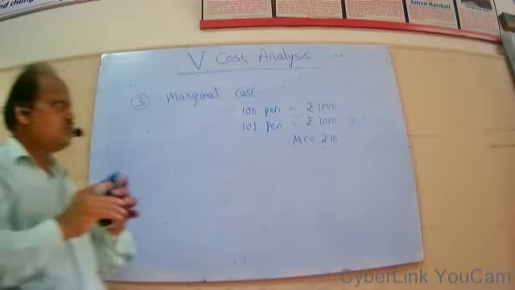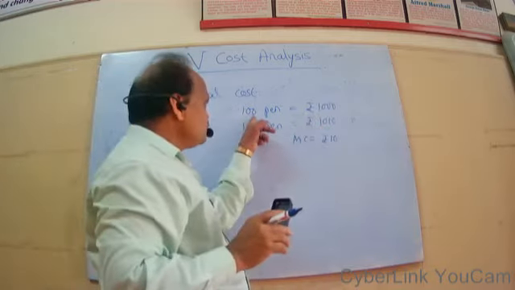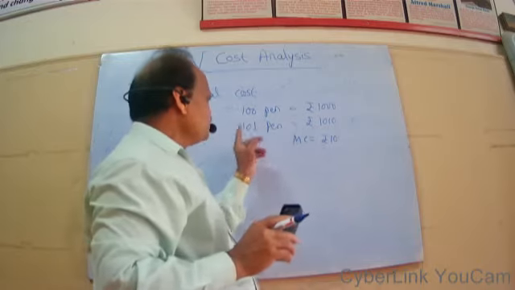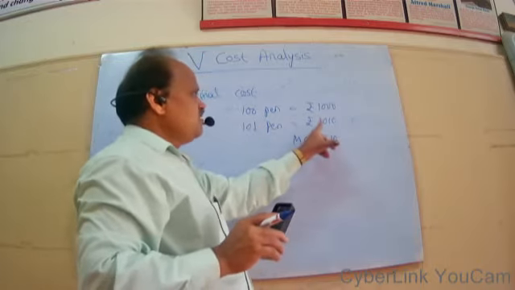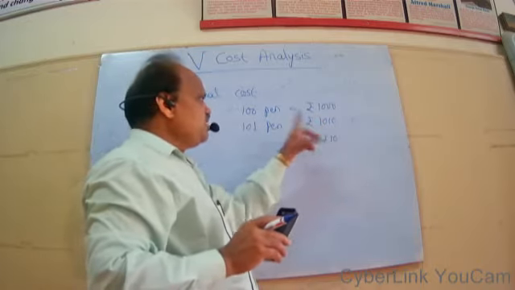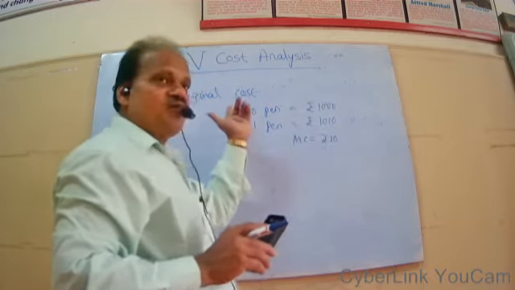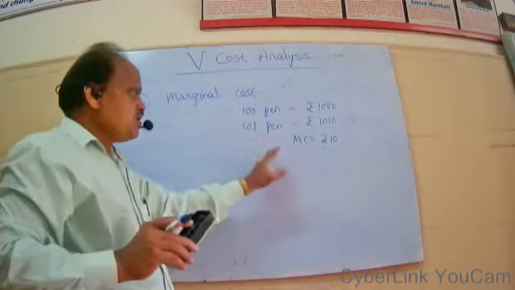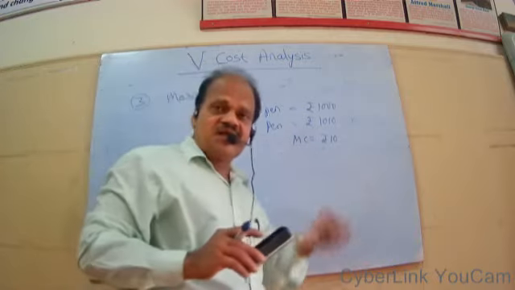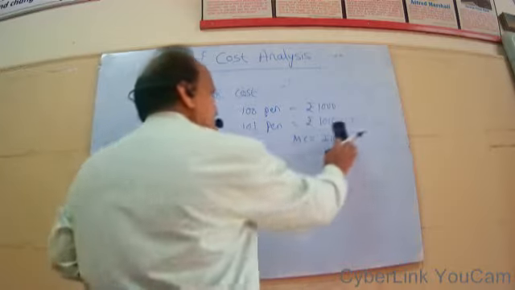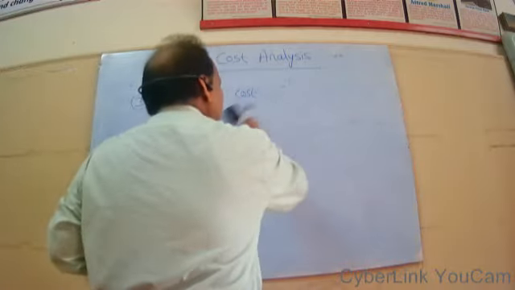An addition to total cost by producing some more units, that is one more unit of output here. To produce one more pen, 1010 rupees will be the total cost. Initial cost is rupees 1000 for the production of 100 pens. Then rupees 10 more is added to produce one more unit of pen. So this is marginal cost.